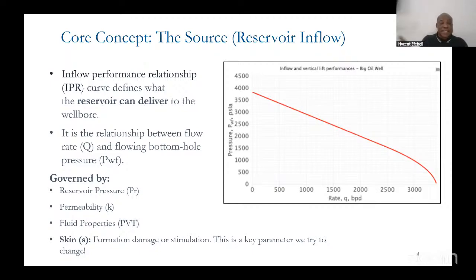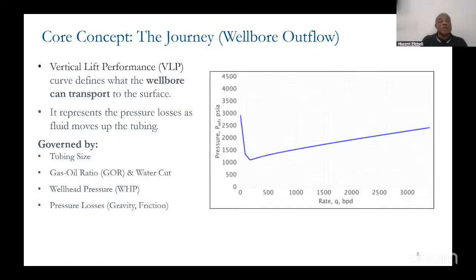Then the next thing, after the fluid has come into the wellbore, how do I lift it to the surface? That is what your vertical lift performance curve is talking about. How do I move the fluid that has now flowed from the reservoir into the wellbore to the surface? Because if it doesn't get to the surface, I will not have any production, and I'm not in business because I will not make money, right?